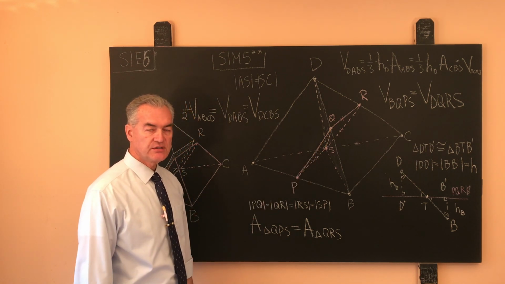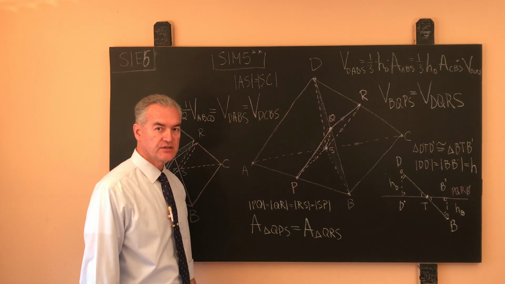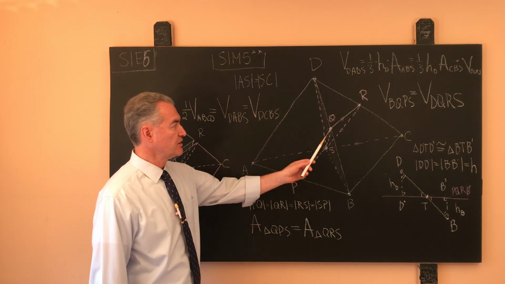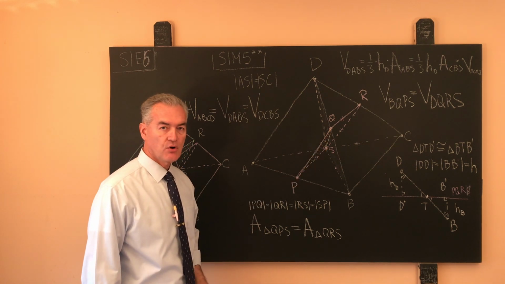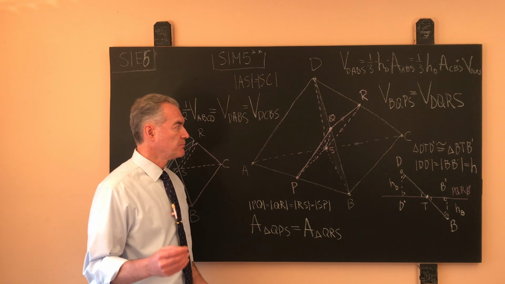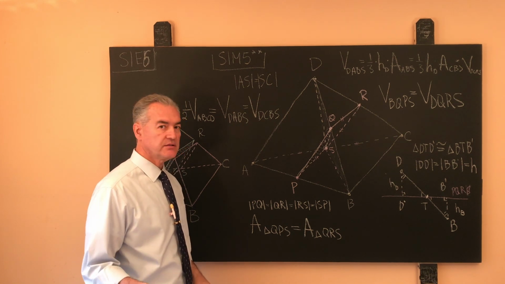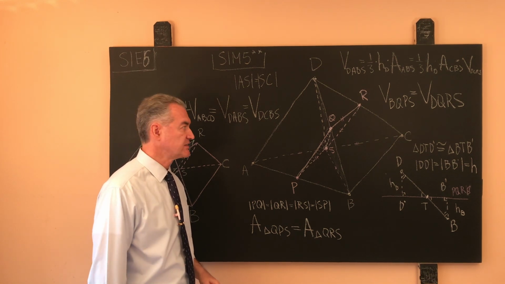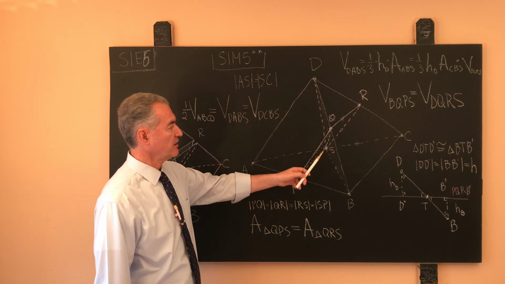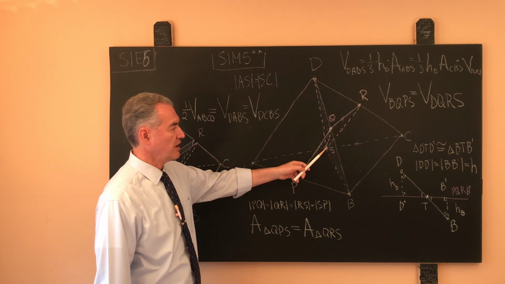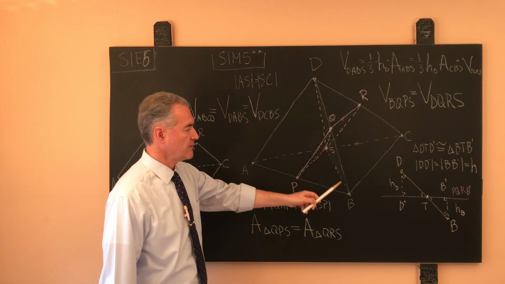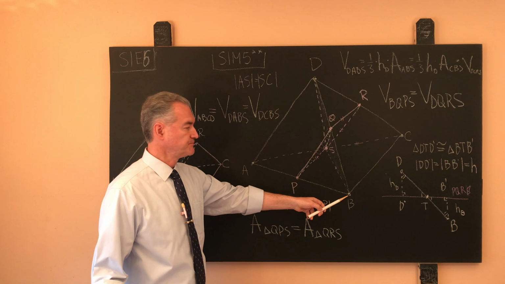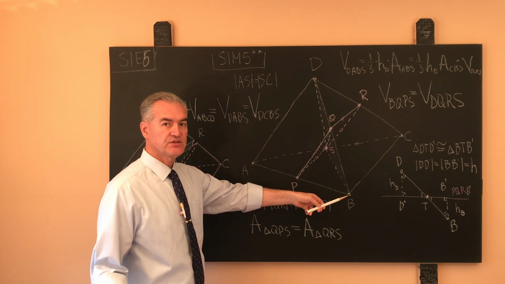Well, we already see a proof staring us in the face, so to speak, because this particular line segment QS plays the role of a median and a height and a bisector of the interior angle at the vertex S of a triangle DSB, which is what? A triangle which is isosceles.